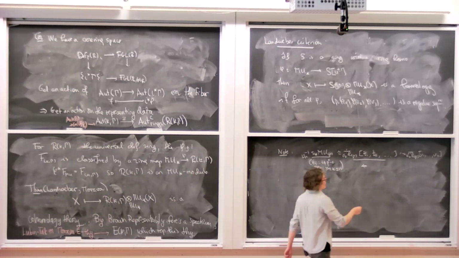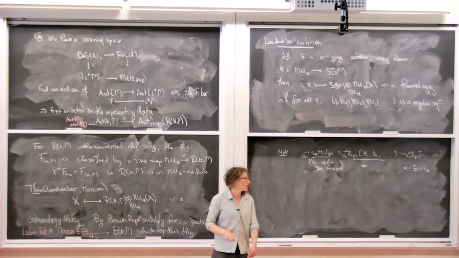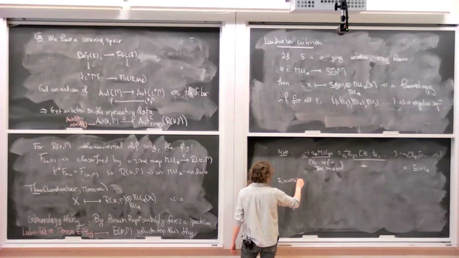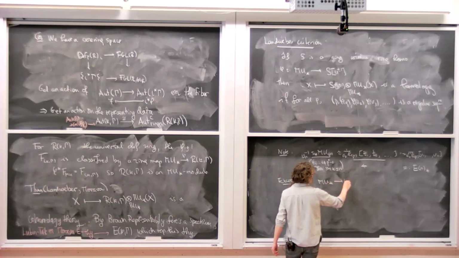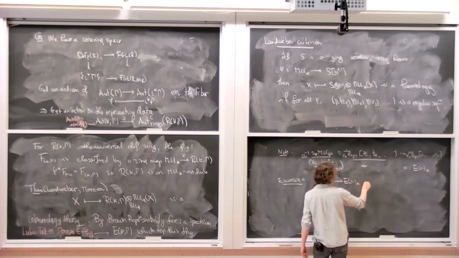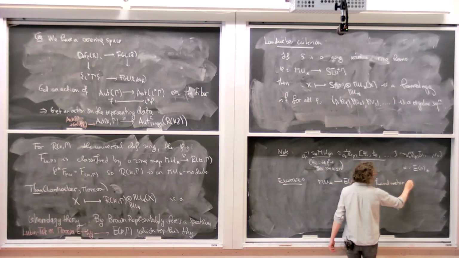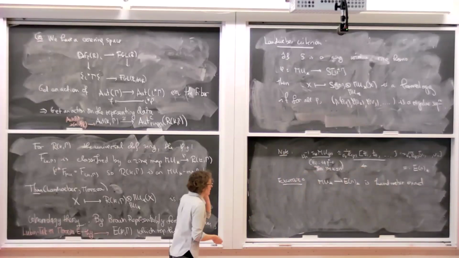Let's call this thing En star. You can check as an exercise that there's an obvious map from mu star to En star and that this is Landweber exact. Okay, so it satisfies this criterion.